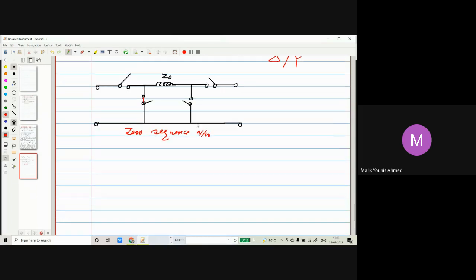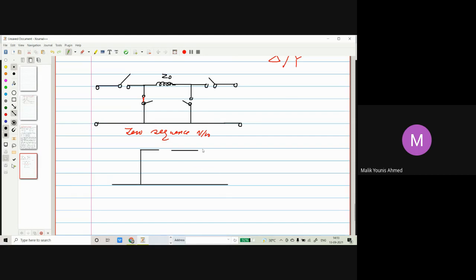If I have to draw it simply, I will draw it like this. That's all, I don't need to draw other things. This is your ground.